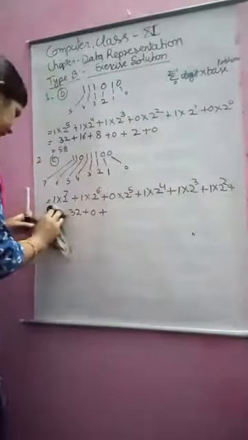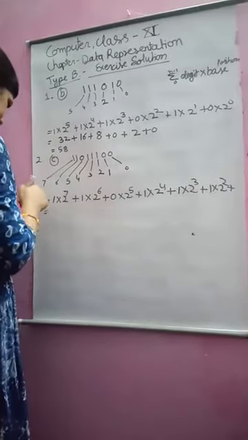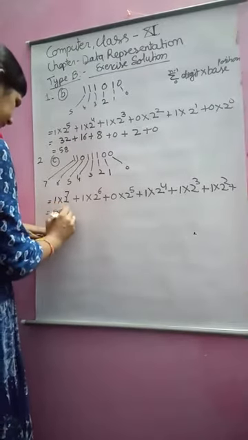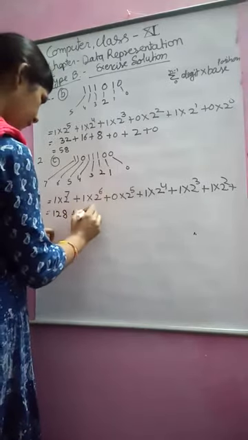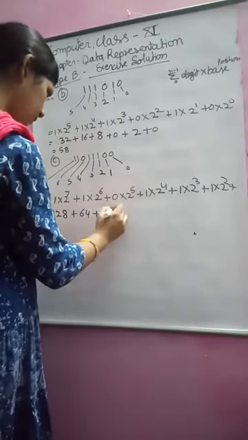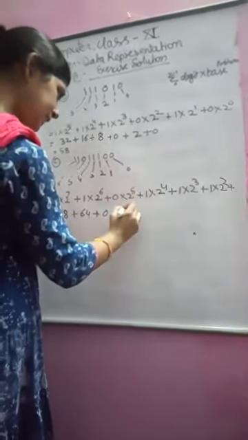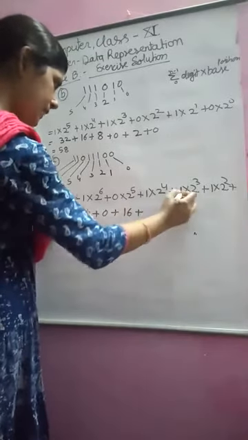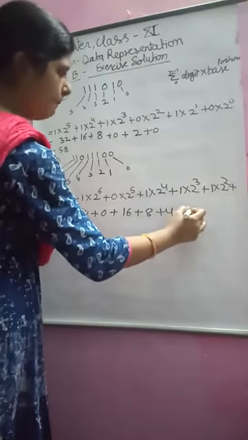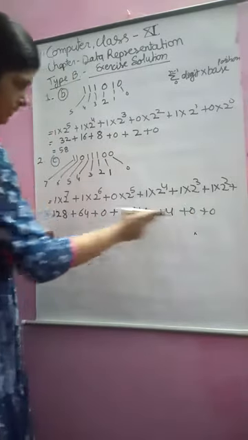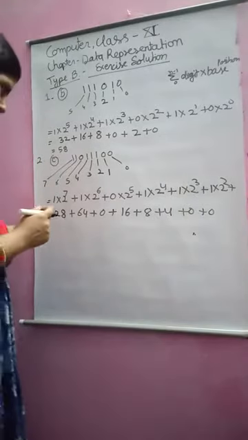That is not 64, it's 128. 1 into 2 to the power 7, that is 128, plus 64 plus 0 plus 16 plus 8 plus 4 plus 0 plus 0. Now sum up. It's a big one.